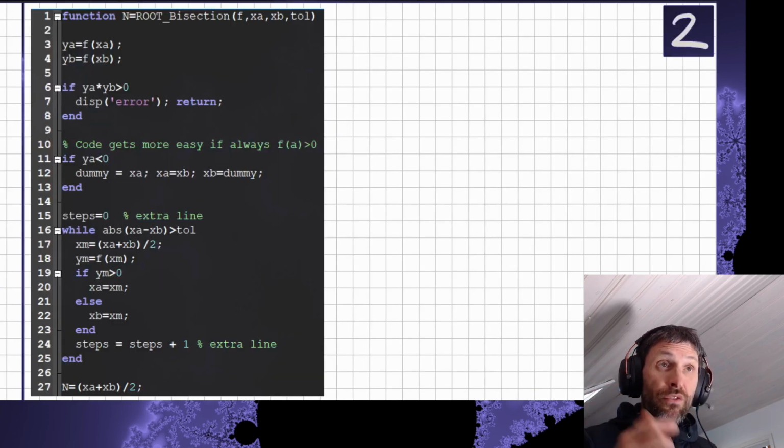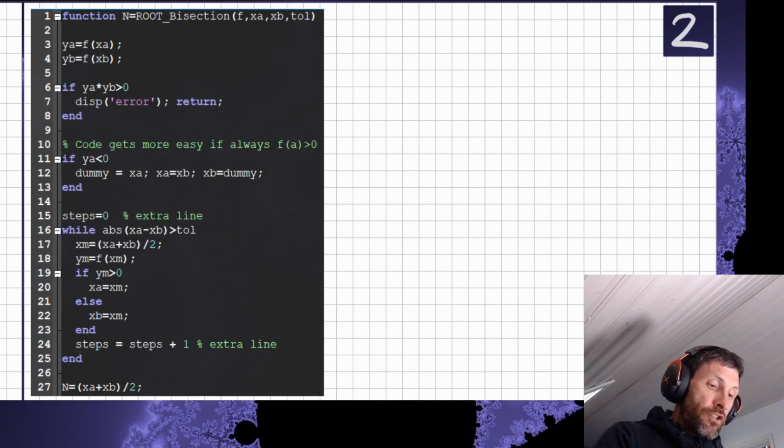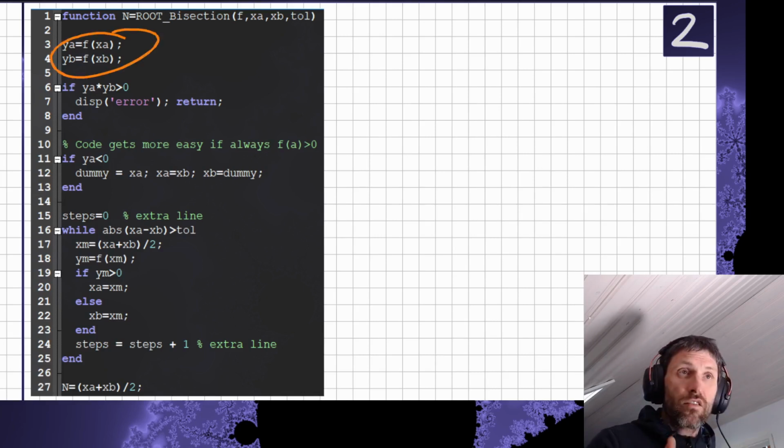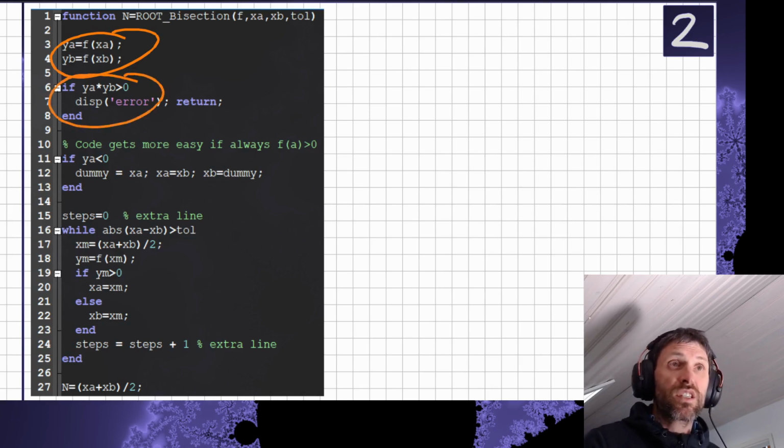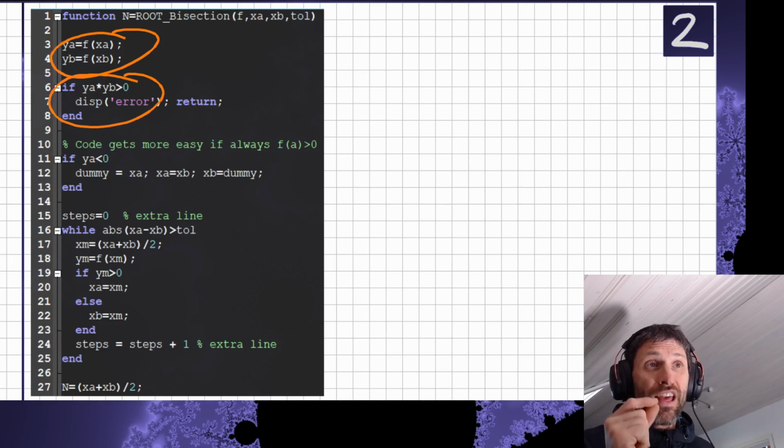Okay, this is the code for how you can implement it. First, we check the sign of the function at a and b, and if it's of the same sign, we tell the user: please provide appropriate initial values.